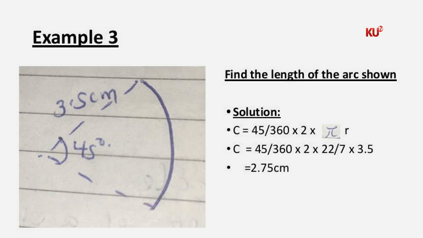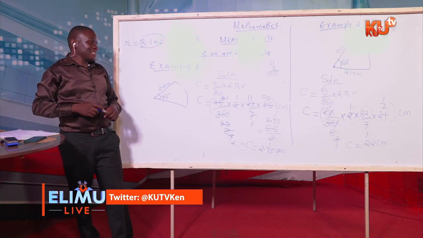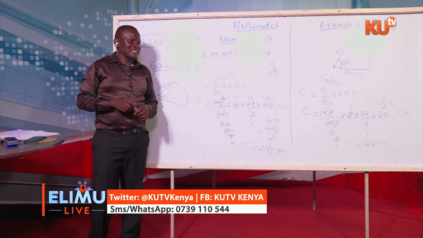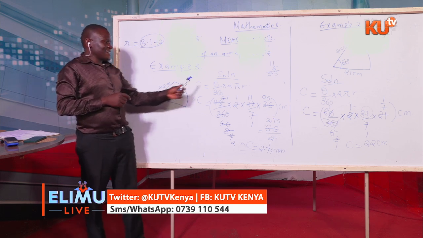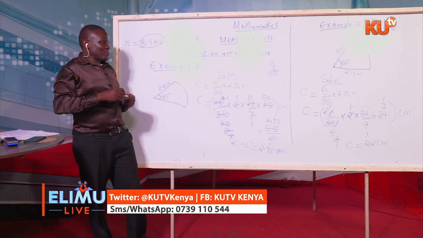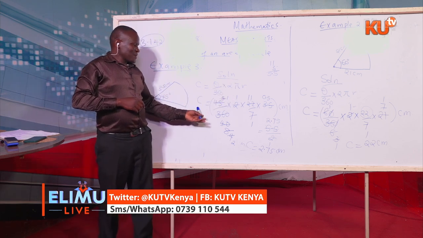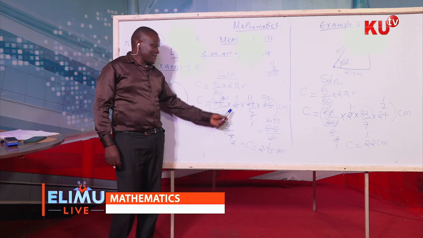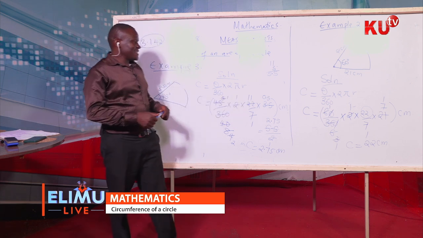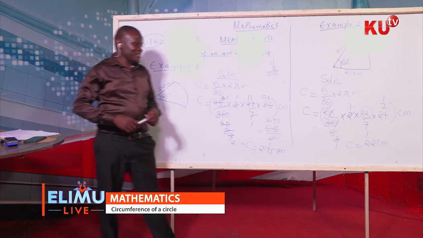2.75 centimeters. Let me just repeat that process once again briefly. We were given this arc, and the arc subtends an angle of 45 degrees to the center by the radius of 3.5 centimeters. So the formula for finding the circumference of the arc is theta over 360 times 2 pi r, where we had 45 over 360 multiplied by 2 times 22 over 7, which was pi, times 3.5.